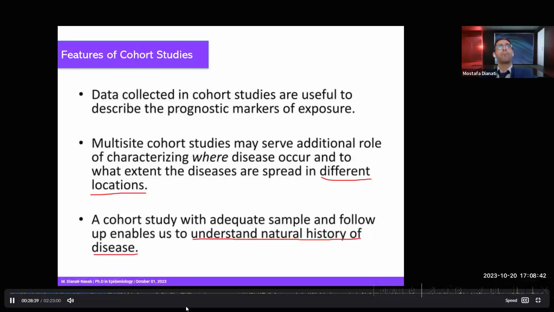As you see here, cohort studies all around the world are becoming really familiar, and if you can extend your network and have access to different cohort studies all around the world, you can really benefit from this. Fortunately, I'm doing so, and I highly recommend you to contact the PIs of other previous cohorts around the world and try to have access to their data, analyze them, and write a publication.